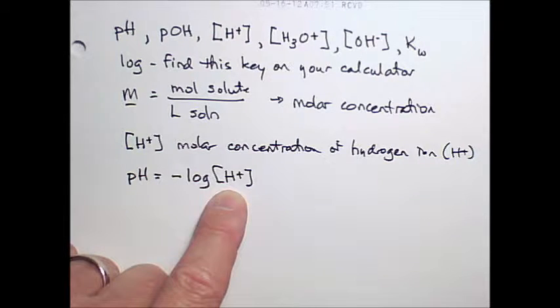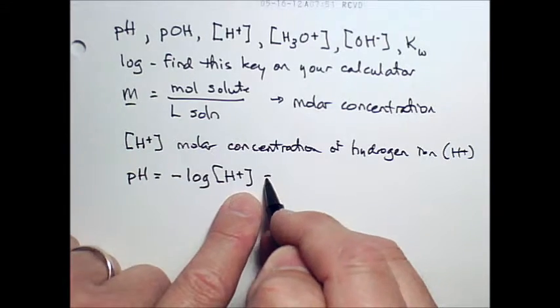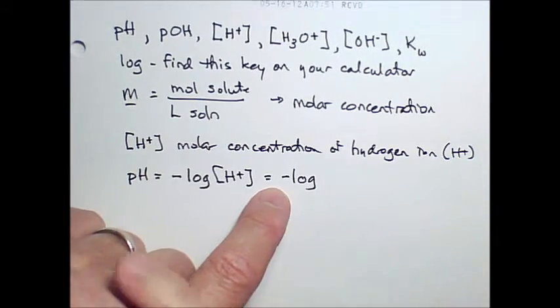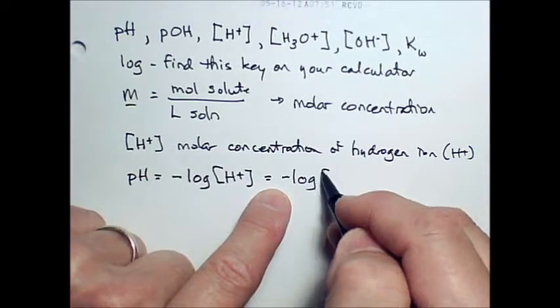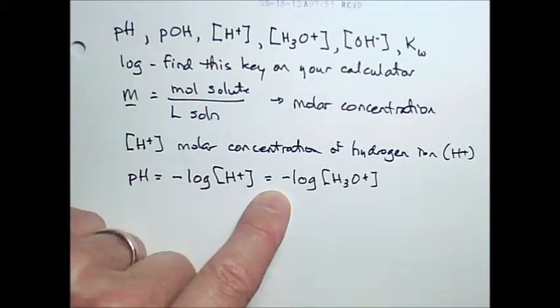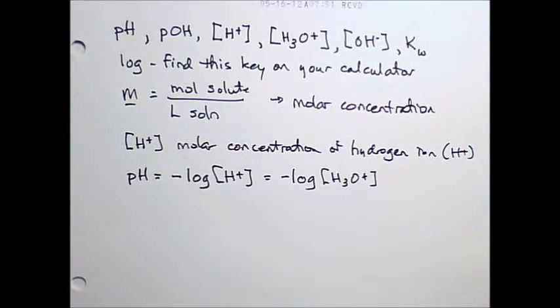In Bronsted-Lowry, the product was always H3O+. And the amount of them is the same. It's just a different way of thinking about what happens to those hydrogen ions. So the pH is also then the negative logarithm, and negative meaning change of sign, of this hydronium ion concentration. H3O is a special ion we call hydronium.